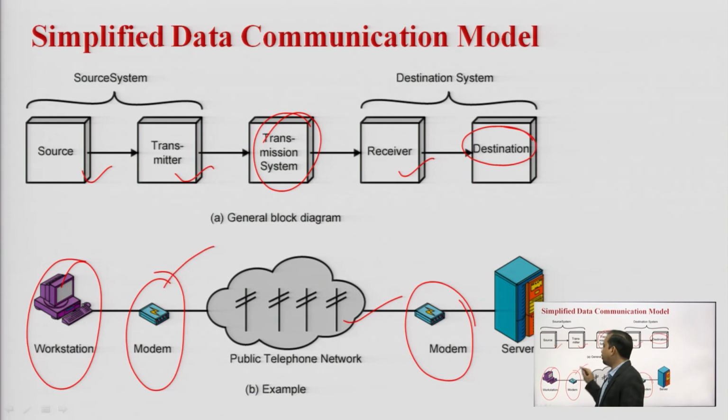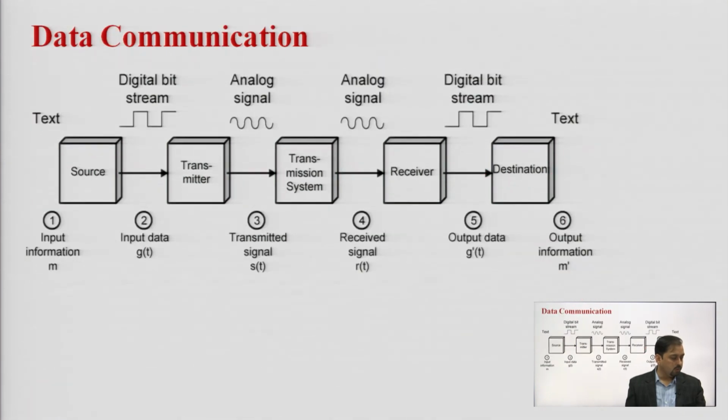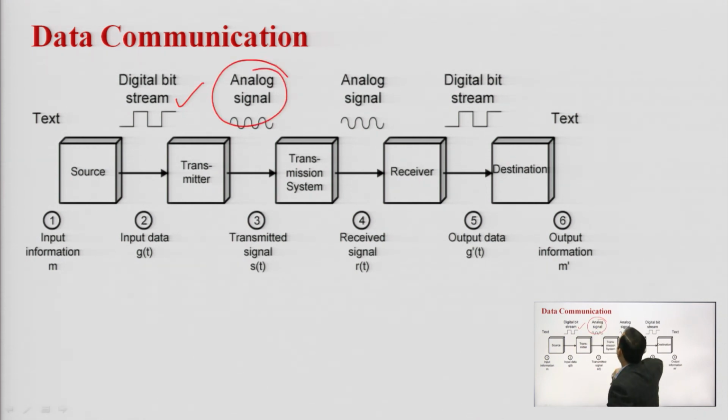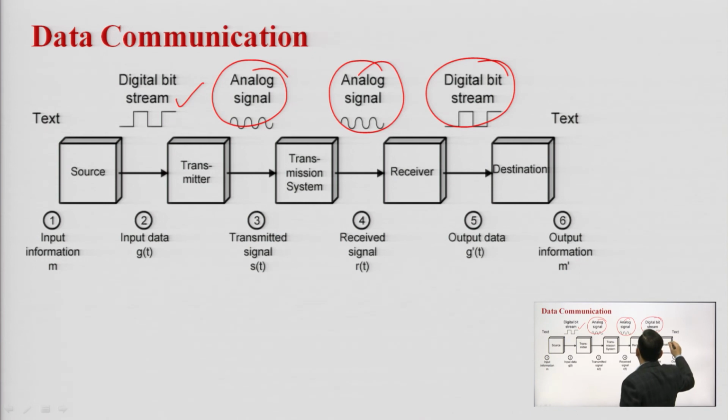Here the role of the modem is to perform modulation, and here it performs demodulation, and this is the server. The server is the destination. Again, this is in terms of the waveform, the digital bit. For the transmission we need to convert this digital bit into an analog one. After that, the analog signals are received by the receiver, and again converted to the digital bit stream, and delivered to the destination.